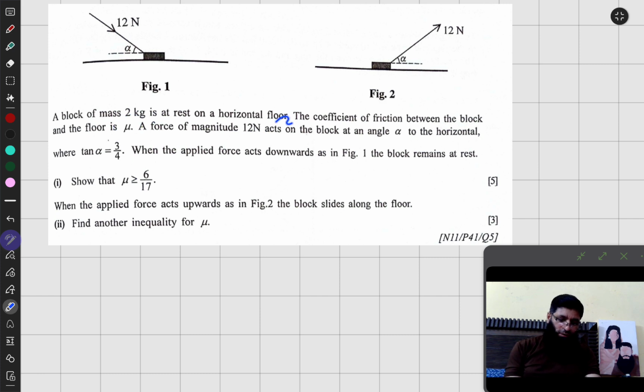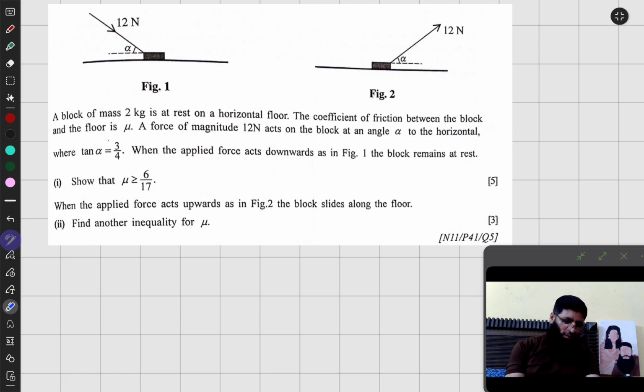A force of 12 Newton is acting at an angle alpha, and you have a value for tan alpha. When the force acts downward, it means in figure 1, the block remains at rest, or you can also say that it is in the state of equilibrium. You need to show that mu is greater than or equal to 6 by 17.